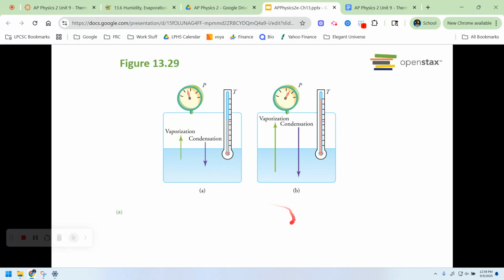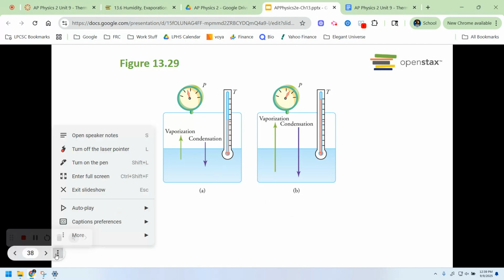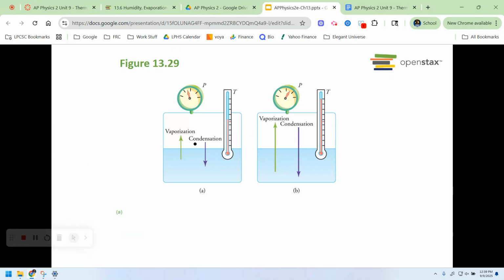We call this equilibrium. It's when your vaporization equals your condensation.